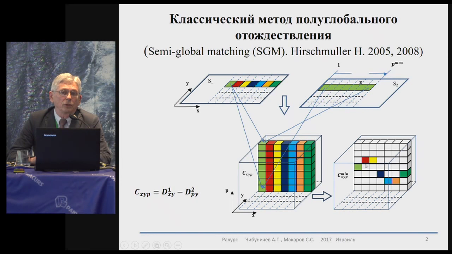This way, if we do this simple elementary operation for all pixels of the left image, comparing them to the pixels on the right image, we get for each pixel its matching lateral parallax.